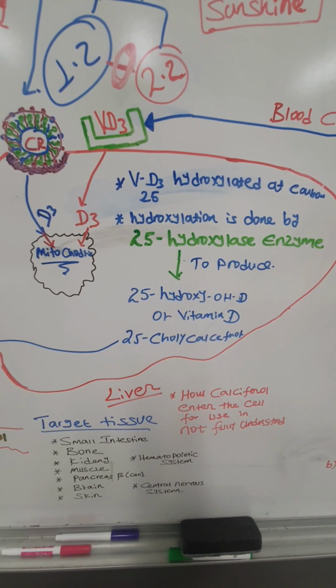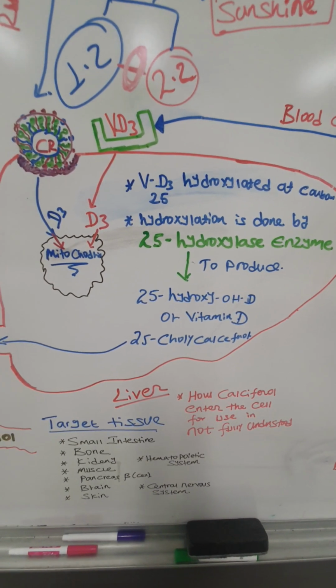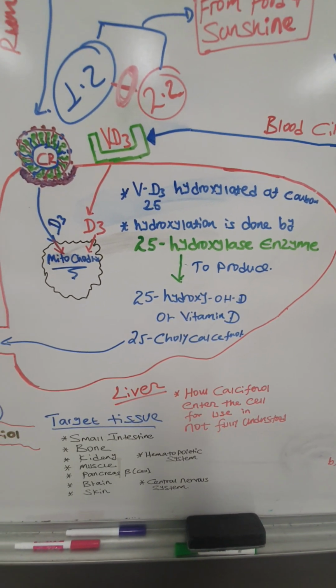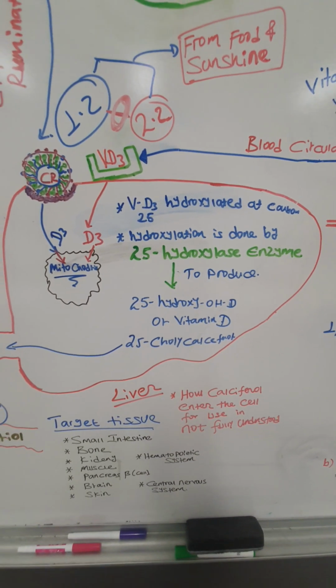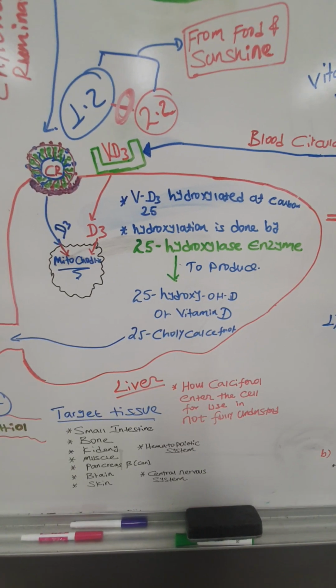This is a very important form of vitamin D, which is circulating in our blood, and most of the time for checking vitamin D status, 25-hydroxy-OHD is the one we are going to measure.